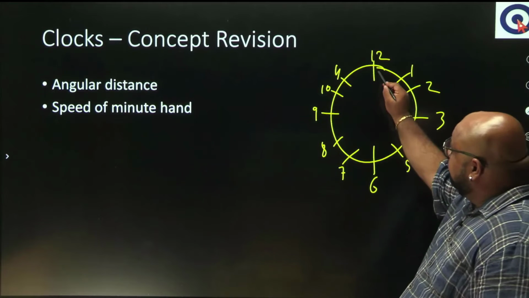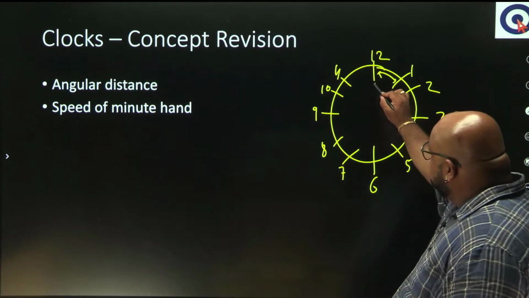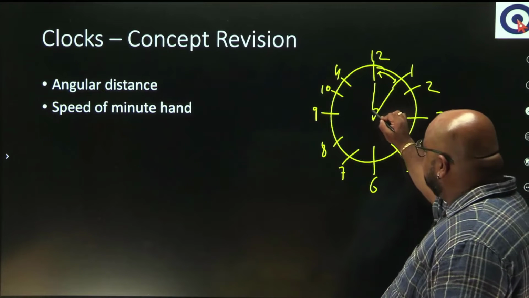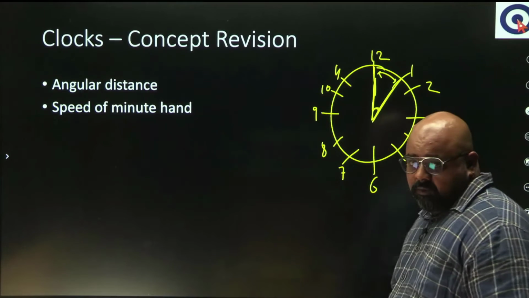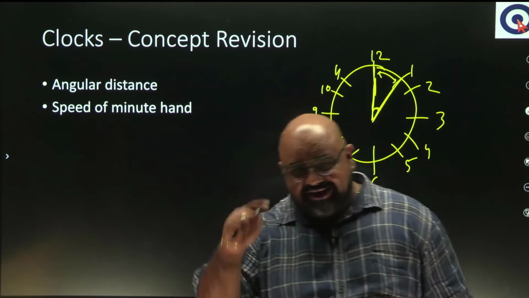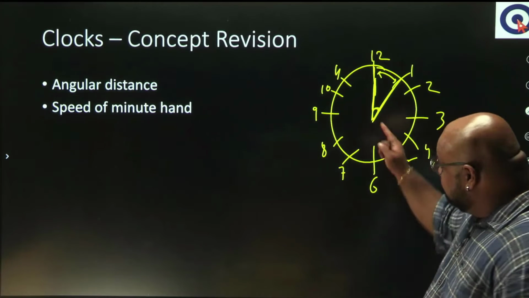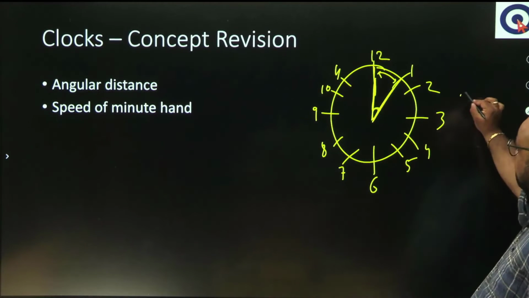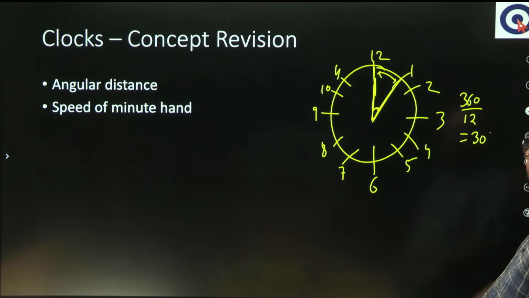What will be the angular distance between any two divisions of a clock? So what I'm saying is, at the center, what angle will be formed? Because a circle is 360 degrees and there are 12 divisions here, each division will be of angle 360 upon 12, that is 30 degrees, right?